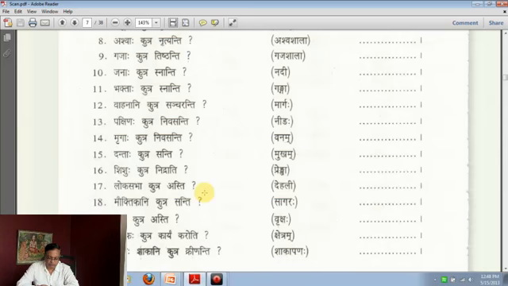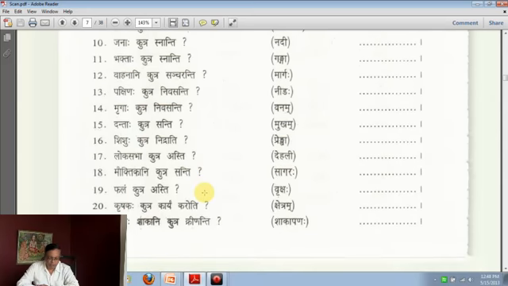We can also say सागरे भवन्ति, where are they available. 19th. फलं कुत्र अस्ति? Where is the fruit? फलं वृक्षे अस्ति. The fruit is on the tree.